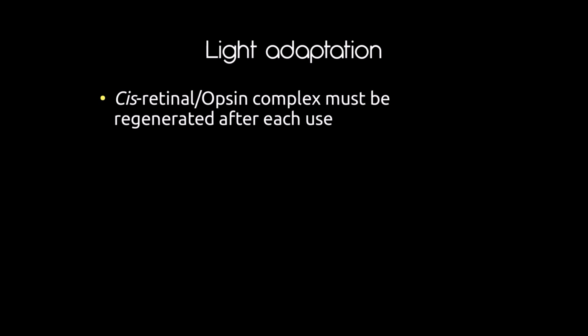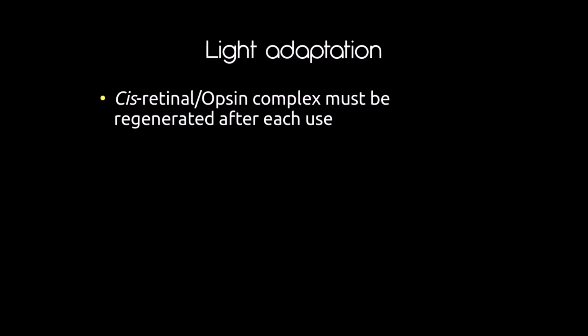It can only be used once before it needs to be regenerated to be used again, and that takes time. So in high light situations, as cis-retinol keeps getting turned into trans-retinol, your body is having a hard time keeping up with regenerating the cis-retinol.